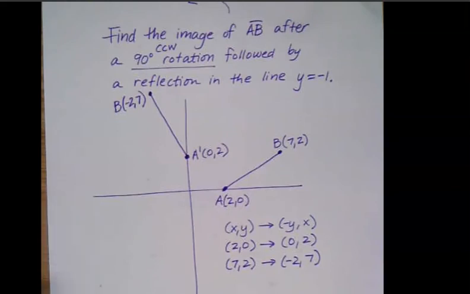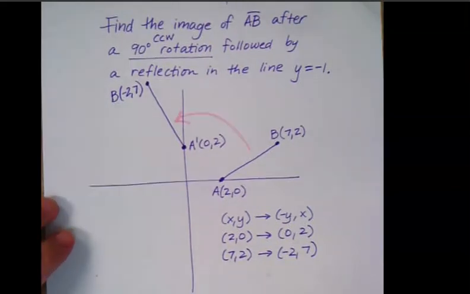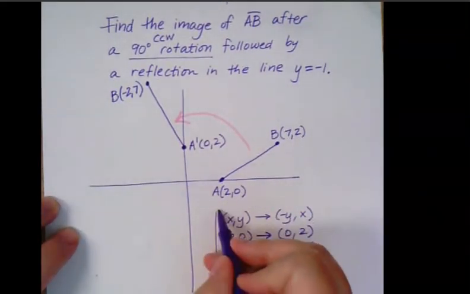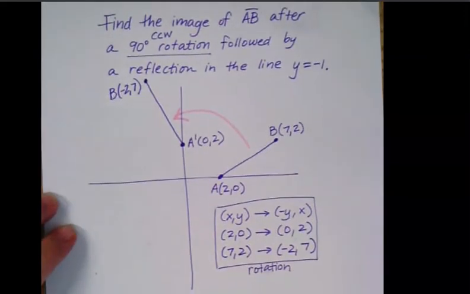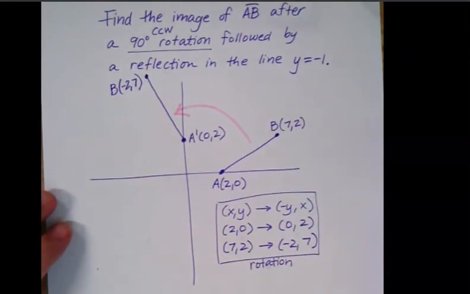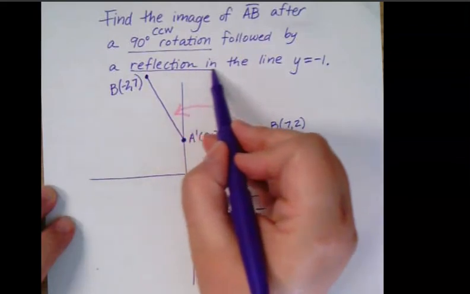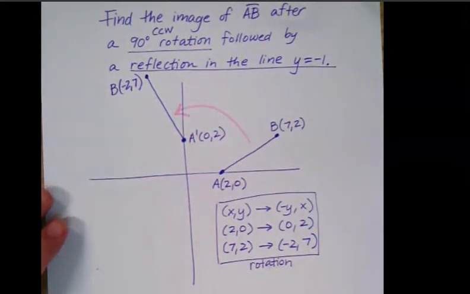That's not too bad. Because you are doing more than one thing, it's not a bad idea to be very intentional about your work. And I'm going to label that this was my rotation so I don't lose sight of what that was or get confused. The next step is the reflection in the line y equals negative 1. First thing you have to remember here is where the line y equals negative 1 is.